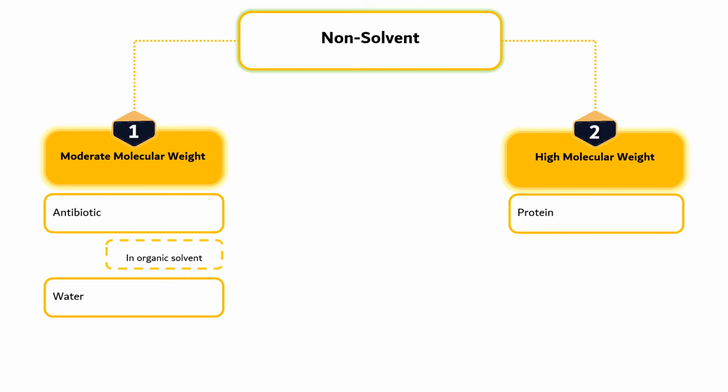For proteins, the feed is usually an aqueous solution at the isoelectric pH. Under isoelectric conditions, the protein has equal number of positive and negative charges, and its solubility is often a minimum. The non-solvent is frequently a water-miscible organic solvent, like acetone or ethanol.